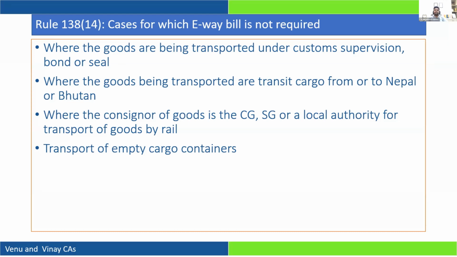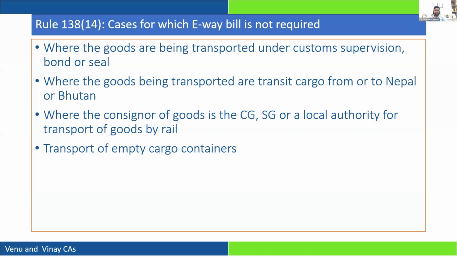And transport of empty cargo containers. The liners will generally shift the empty cargo containers to their customers. So in that case also, for shipping of empty cargo containers, the e-way bill is not required. So in all these cases, the e-way bill is not required.